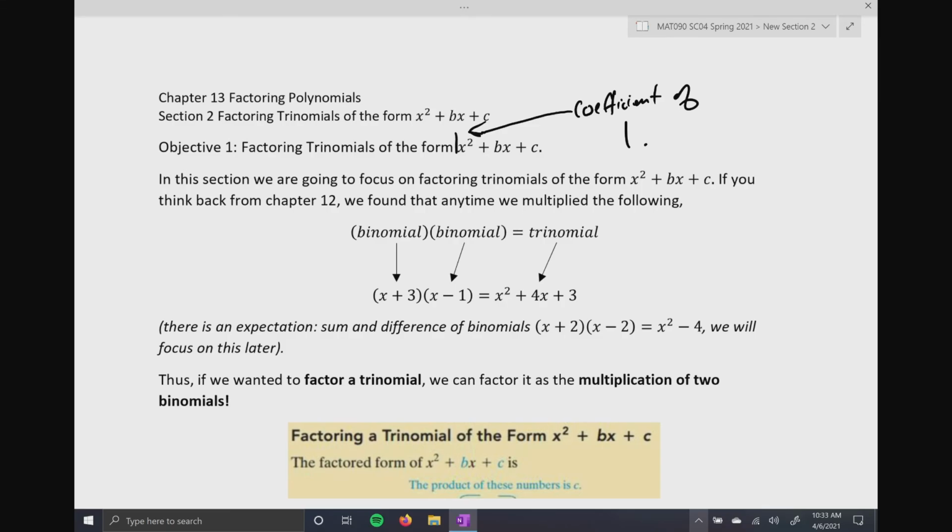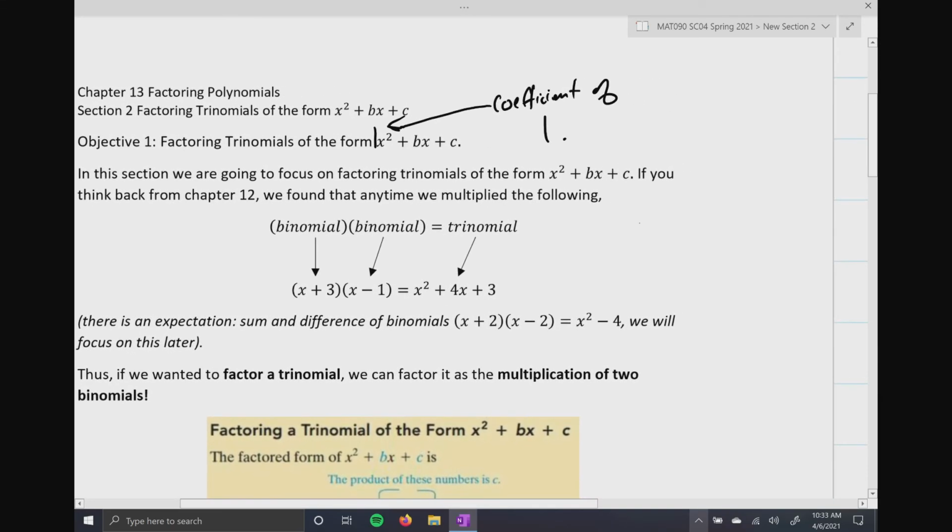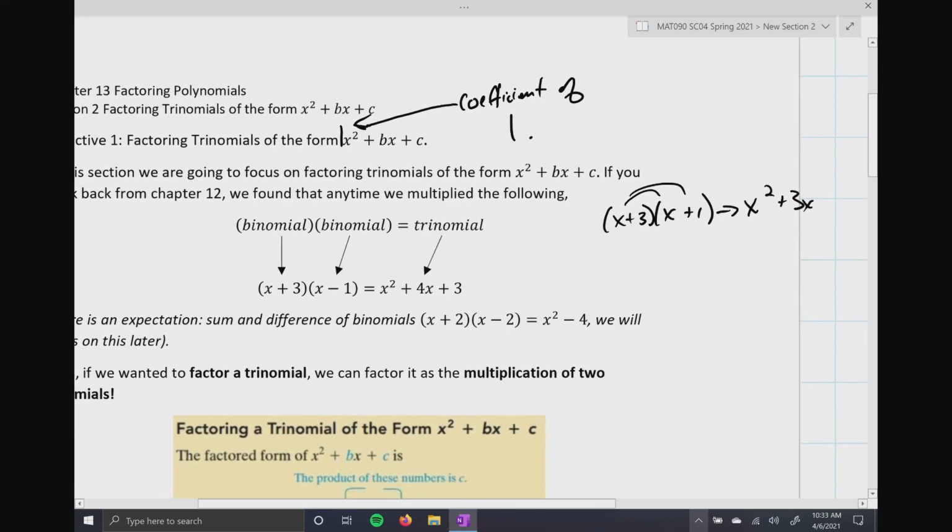For example, x plus 3 times x plus 1. Well, we know to distribute, you'd get x squared plus 3x, and then plus 3x plus 3, for a final answer of x squared plus 6x plus 3.